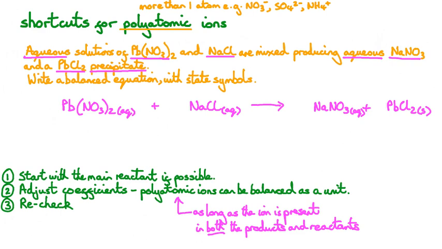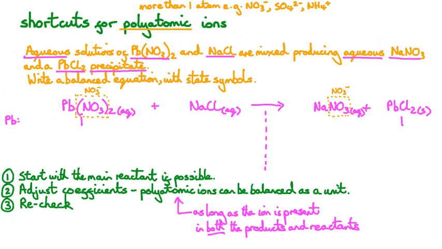Our most complex reactant is of course our lead nitrate, so let's begin there. We have one lead atom on the left and one lead atom on the right, so for now our lead atoms are balanced. Next, our shortcut can come in handy. When we look closely, we can see that we have the nitrate ion on both sides of our equation.